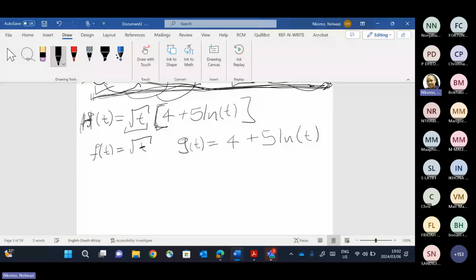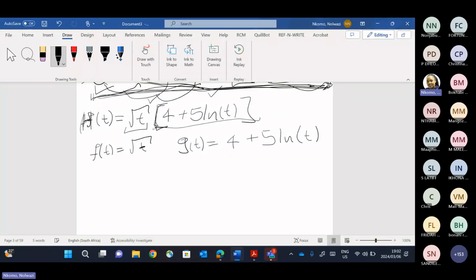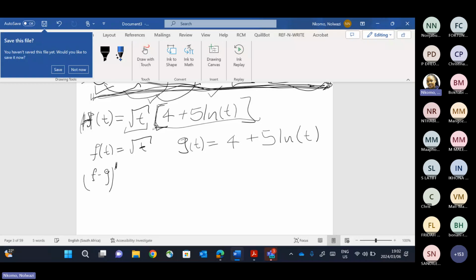Okay, first I let this be my f, then this my g. So it means we want to find f times g prime. If I write f times g prime like this, it means I want the derivative of f times g. It's just the notation that I'm using.